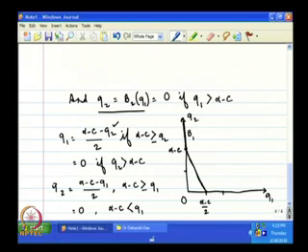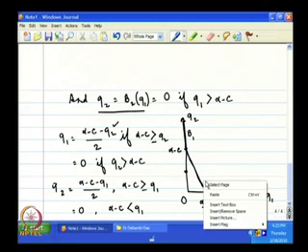If q1 is equal to 0, then q2 is equal to alpha minus c divided by 2, which means this point is on the best response function. If q2 is equal to 0, then q1 is equal to alpha minus c. So, this point is again on the best response function. So, I can join them.